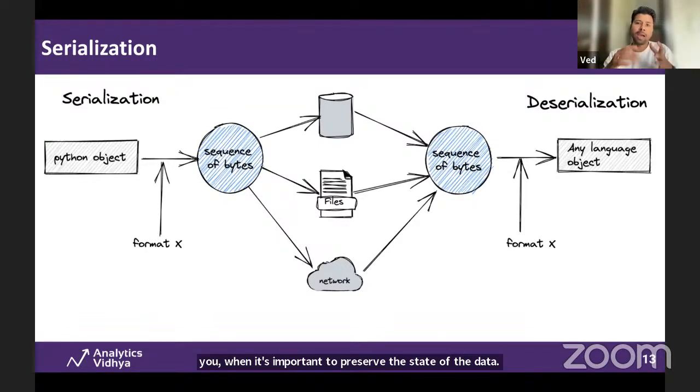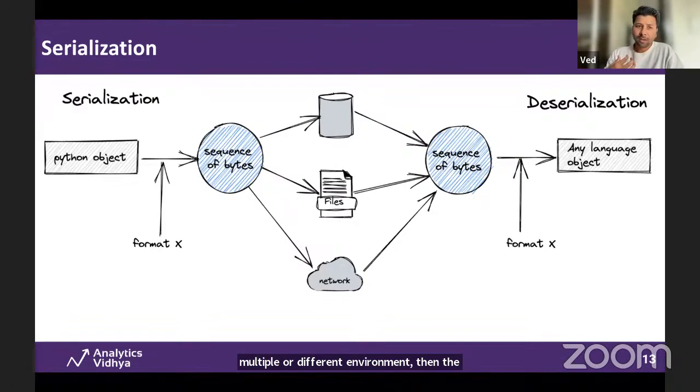For example, if you have a datetime variable, CSV will store it as a string, and that string format might have some values that you might not be able to read back. So when you want to preserve the same behavior across different environments, then serialization comes in.